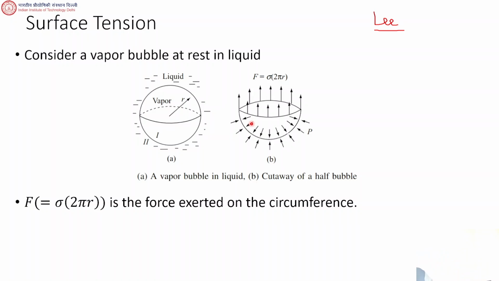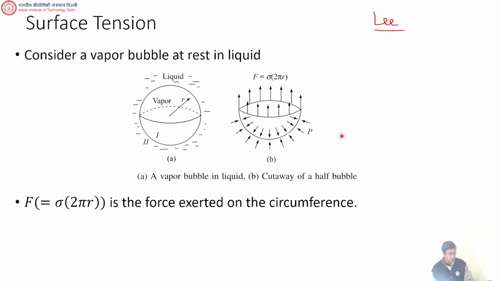That is due to surface tension. How do we write surface tension? We write this as some sigma, which is related to surface tension, multiplied by the circumference, which is 2 pi r. What is r? R is this radius. So this is the force which is going upwards.